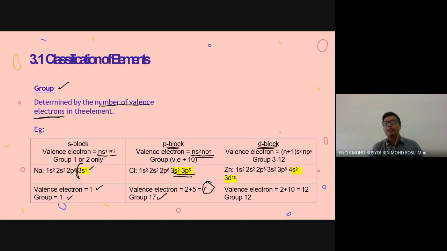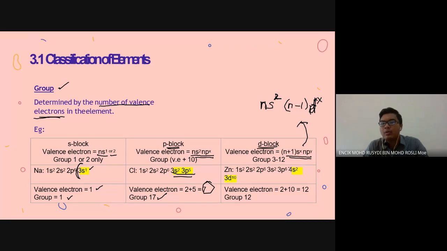Okay, so the D block is a bit complicated, it's a bit confusing. To determine its valence electrons, we look at (n+1)s, np. Or the easier alternative is we look at ns2, then in brackets (n-1)d^x. So that means we look at the number of electrons in the s orbital and then the d orbital, (n-1)d to the power of x.